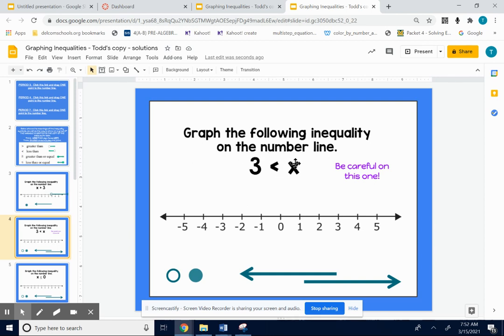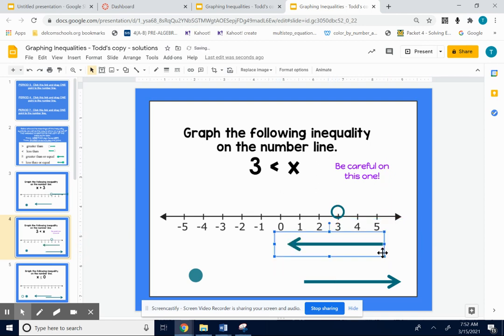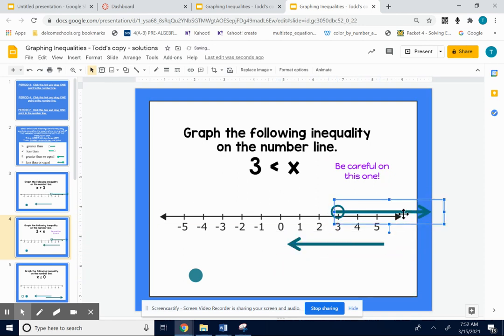It's like pretending this is written backwards with the sign flipped. 3 is less than x is the same thing as saying x is greater than 3. So that would be exactly the same graph as the last one. I'm dragging the wrong one. It's going to be an open circle to the right of 3.